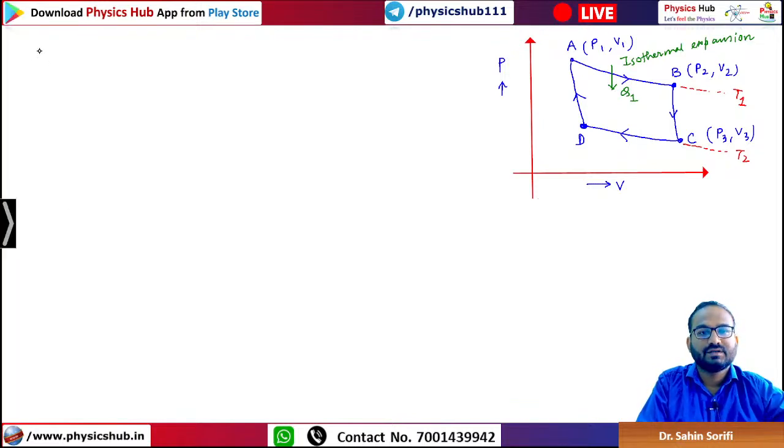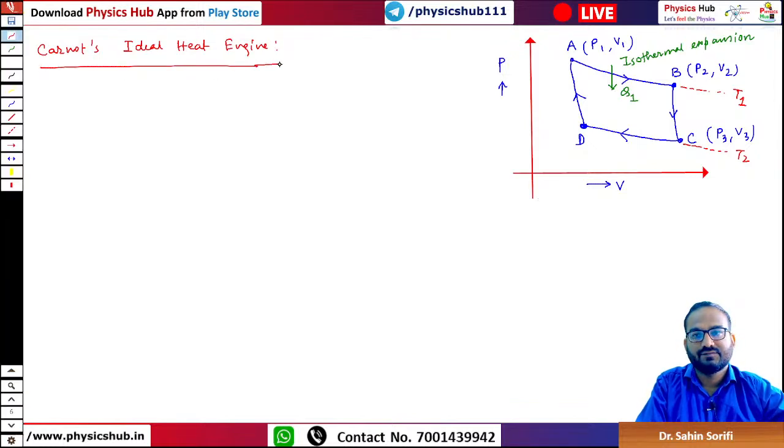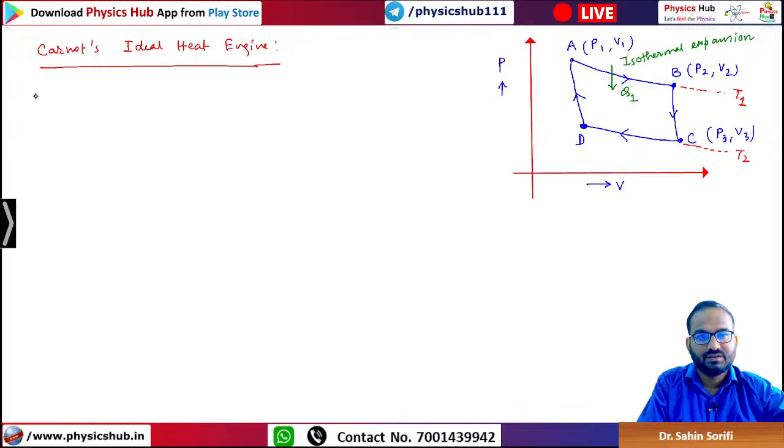So, we are talking about Carnot's ideal heat engine. We are giving it a mathematical treatment. It consists of 4 processes. The first process, process 1, is isothermal expansion.